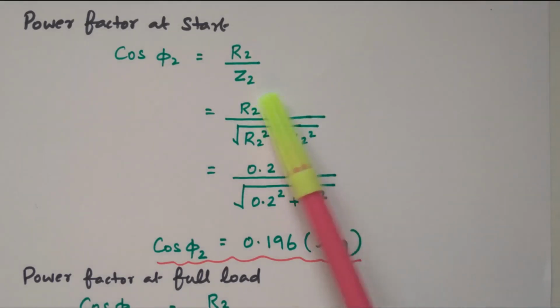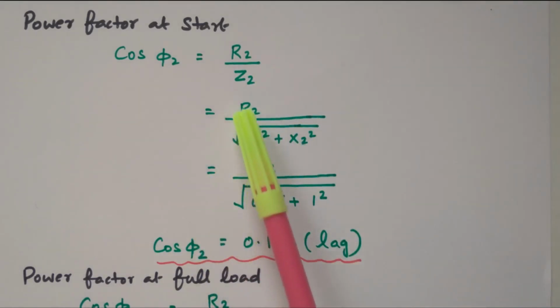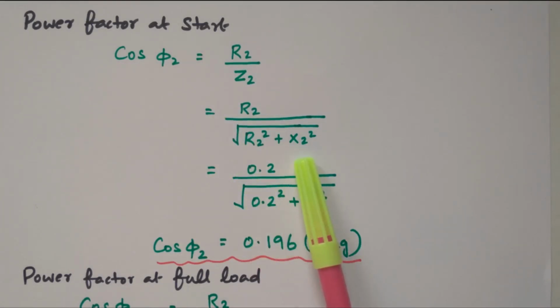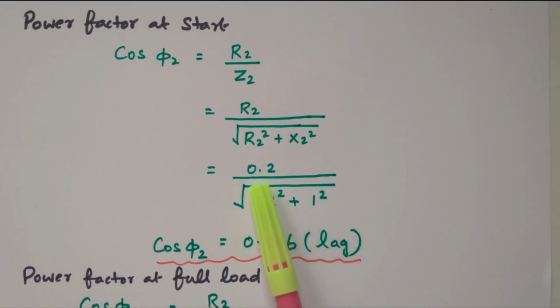Z2 is nothing but square root of R2 square plus X2 square. These values are already available: R2 is 0.2 square plus the reactance 1 square. By simplifying, we got 0.196. The power factor cos phi 2 is 0.196 lagging, because of the inductor we put it as lagging.